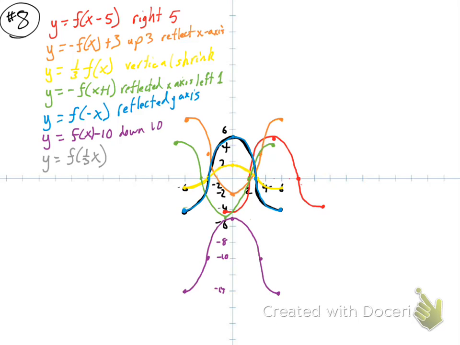And then for my last one, final one, y equals f of 1/3 x. Well, that is a horizontal stretch. Because again, that fraction means it's getting smaller. So all my x values, horizontal stretch.